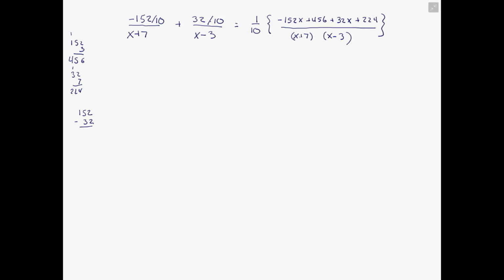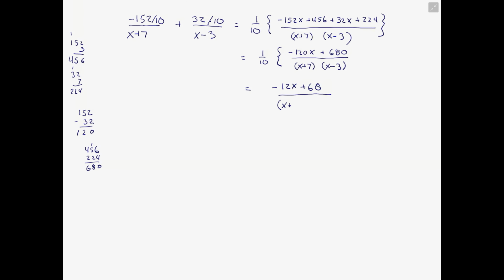And we have now 152 minus 32, 120. So equals 1/10 minus 120x plus, okay, we have 456 and 224, that's 680, on x plus 7, x minus 3.